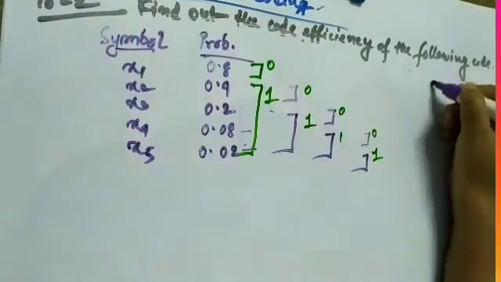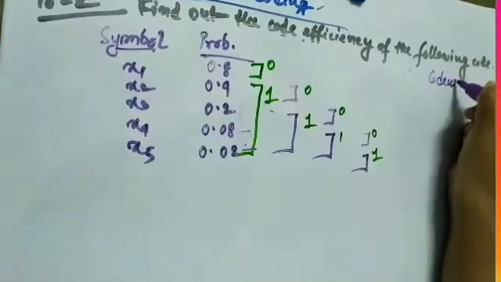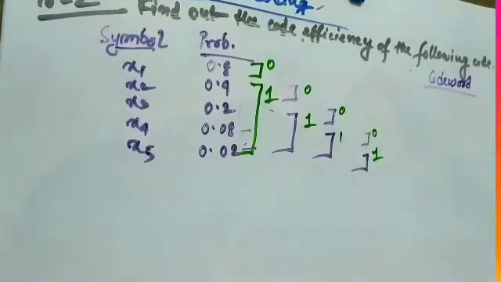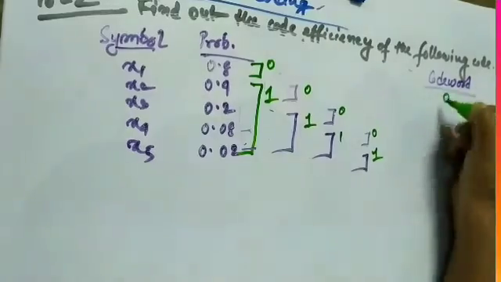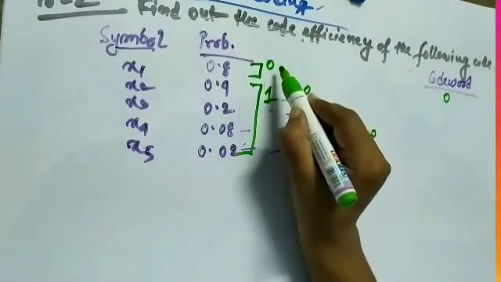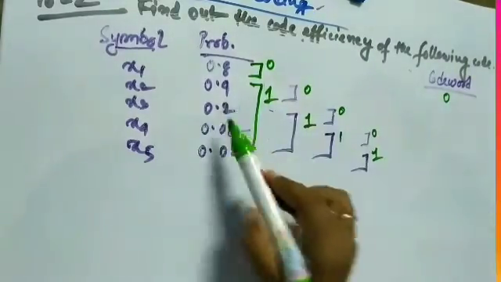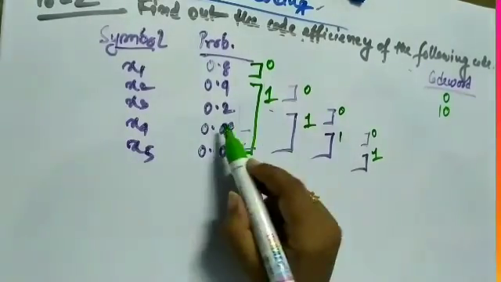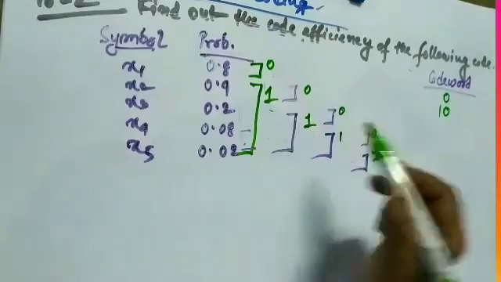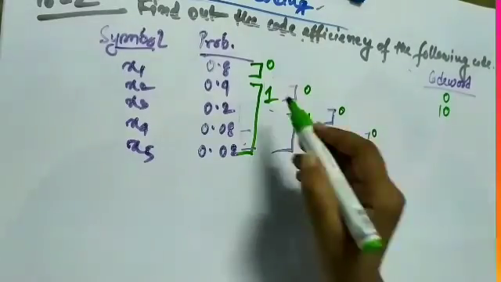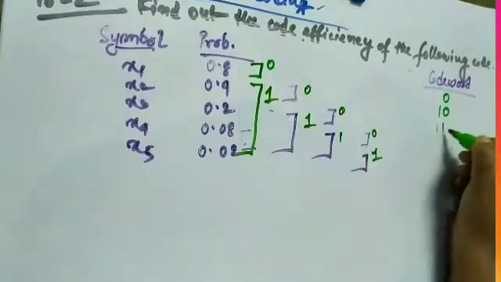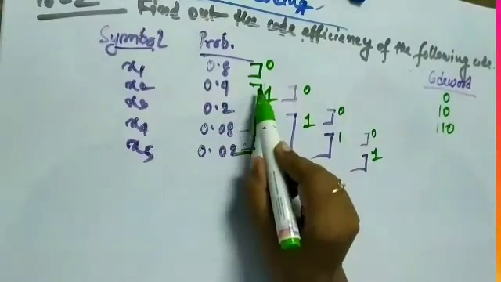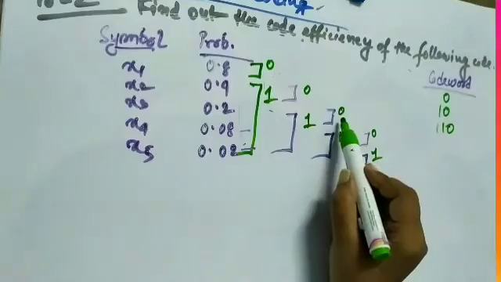So our code word will be 0, because here already 0 is given. For 0.4 it is 1 and 0. For 0.2 it is 1, 0. That means 1, 1, 0. This 0.4 is subdivided into this and this set.